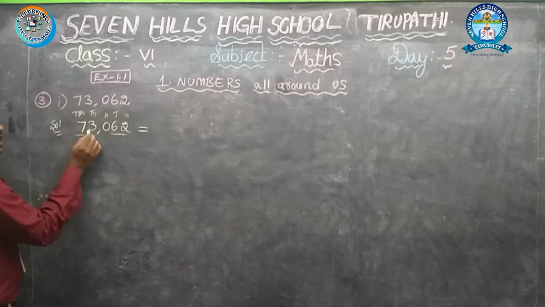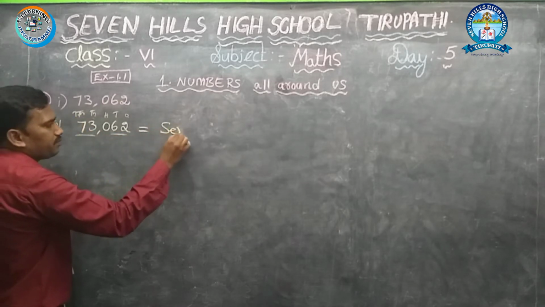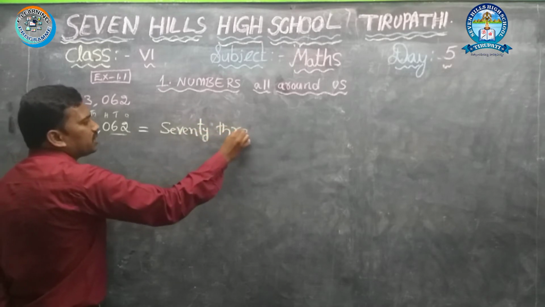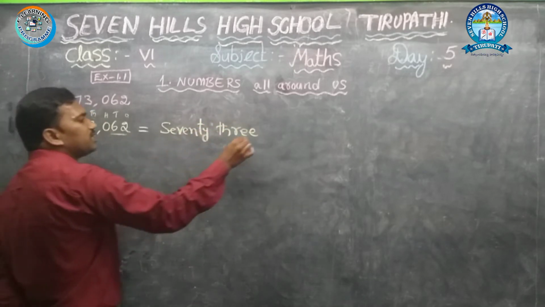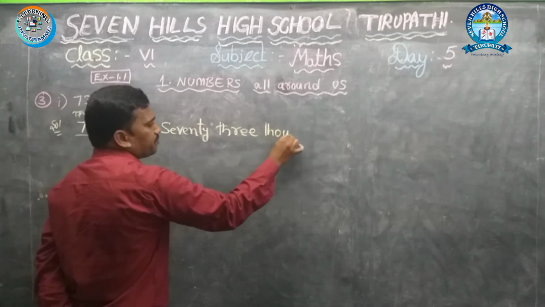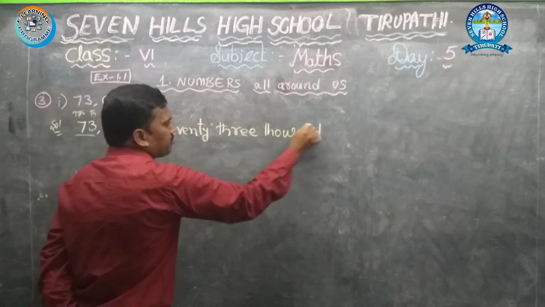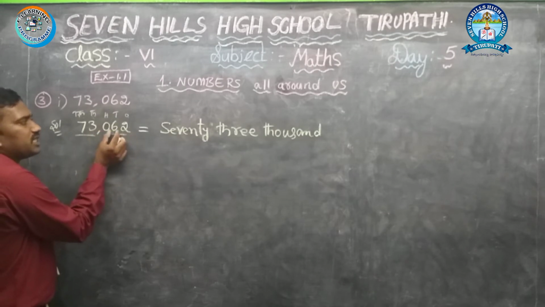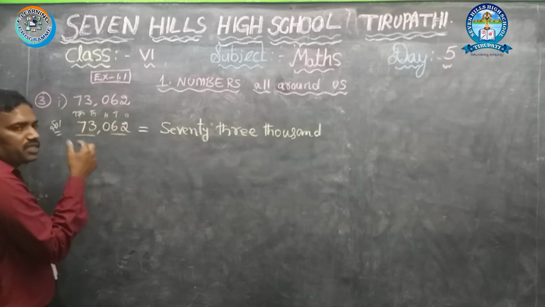Now the number name for this one: 73,000. There are no hundreds, so 6 into 10 becomes 60.